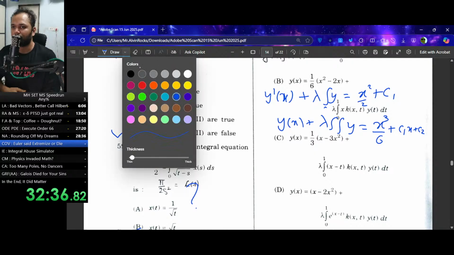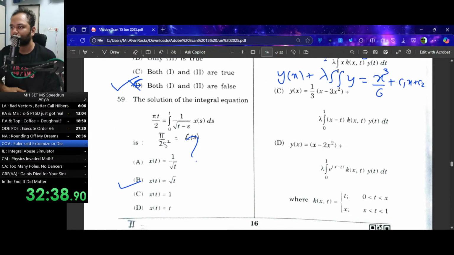So the equation will be of the form y of x is equal to, if you shift it there, minus lambda.